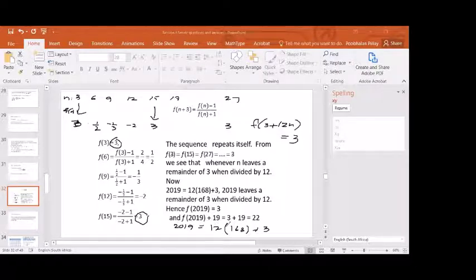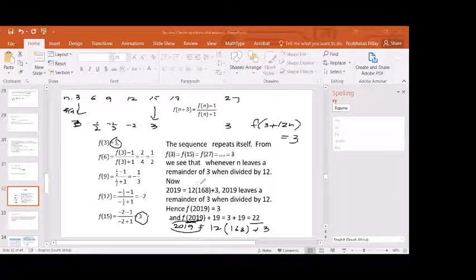So 2019 is actually 12 times something plus 3. That's very nice, because whenever you have 12 times anything plus 3, the answer is 3. So already we know that f of 2019 must be 3. And we are asked to calculate this thing here, simply add 19 to it. So 3 plus 19 is 22. So this quantity here is 22.